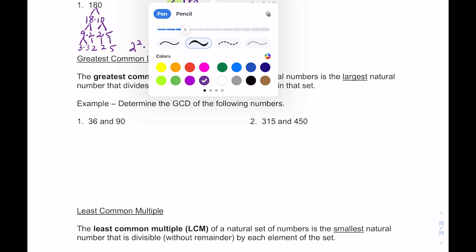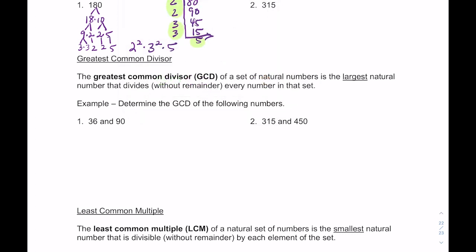One way is you can list out the divisors of 36. Okay, so what numbers will divide into 36? Well, I know 1 times 36, 2 will go into it, 3 will go into it, 4 will go into it, 6 will go into it, 4 times 9, 3 times 12, 2 times 18, and 1 times 36.